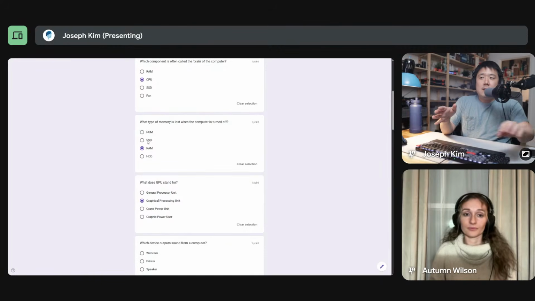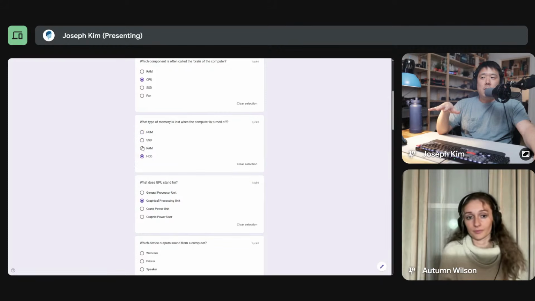So all computers will have some means of RAM or storage. So you'll probably have both on your laptop, but not ROM. CD-ROM. Nobody has CD-ROMs on their computers these days. Your desktop might have an HDD or hard disk drive, but your laptop would just have these two.